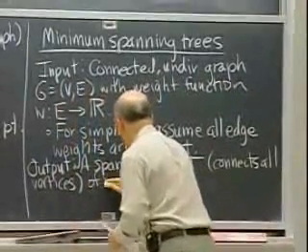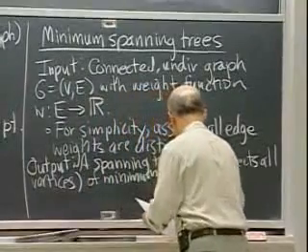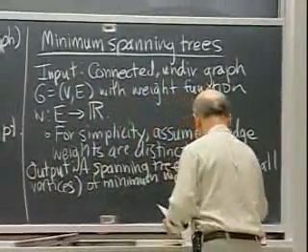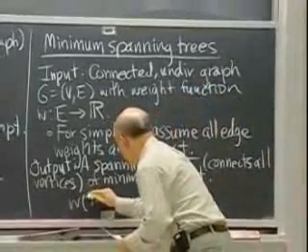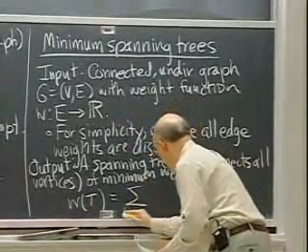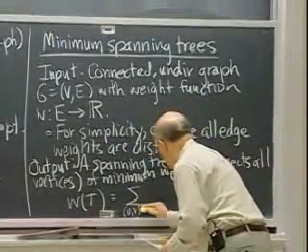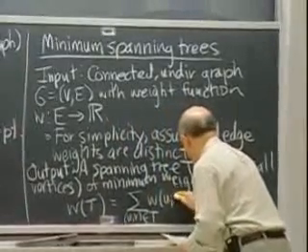And it has to have minimum weight. We can write the weight of the tree as the sum over all edges that are in the tree of the weight of the individual edges.